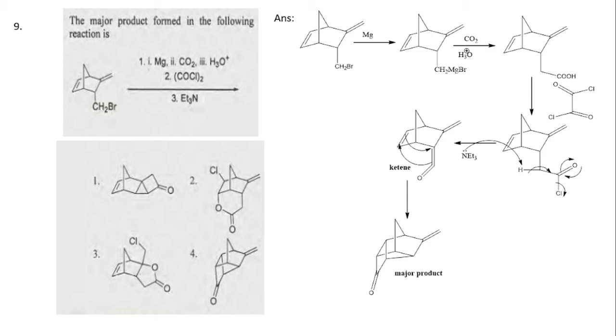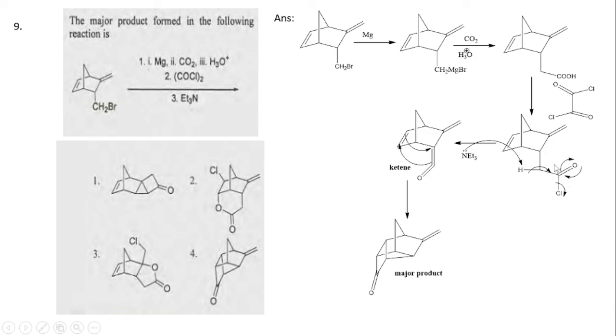Then, due to the presence of this COCl2, it leads to this carboxylic acid forming the chloride, and that is acyl chloride. And then this triethylamine will abstract the proton from this carbon, because this proton is most acidic due to the presence of this adjacent acyl group.